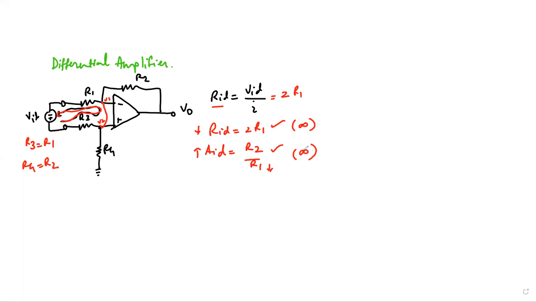So we have another amplifier that we can draw here. What we do to the differential amplifier, we draw another circuit. So let's say we have this amplifier right over here.